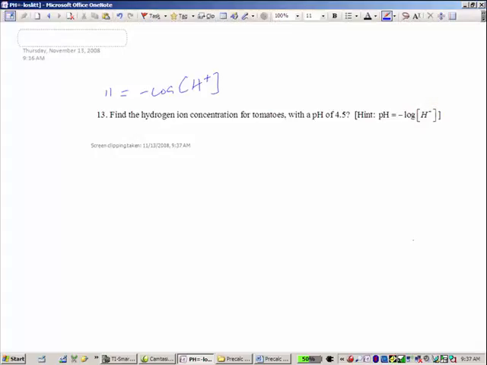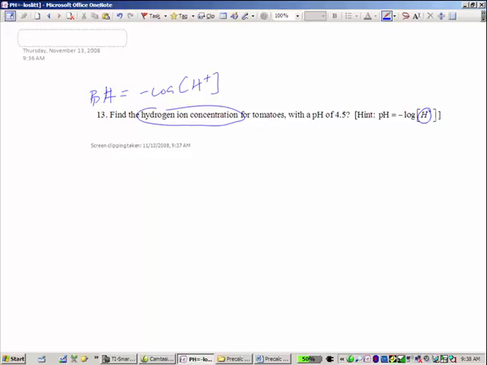Oops, I think I did the wrong symbol. Oh no, that's right. Okay, so if we want to find the hydrogen ion concentration, do a little work for me. I'm telling you what it's equal to, and I need you to find for me what that is. Go ahead, do a little work.